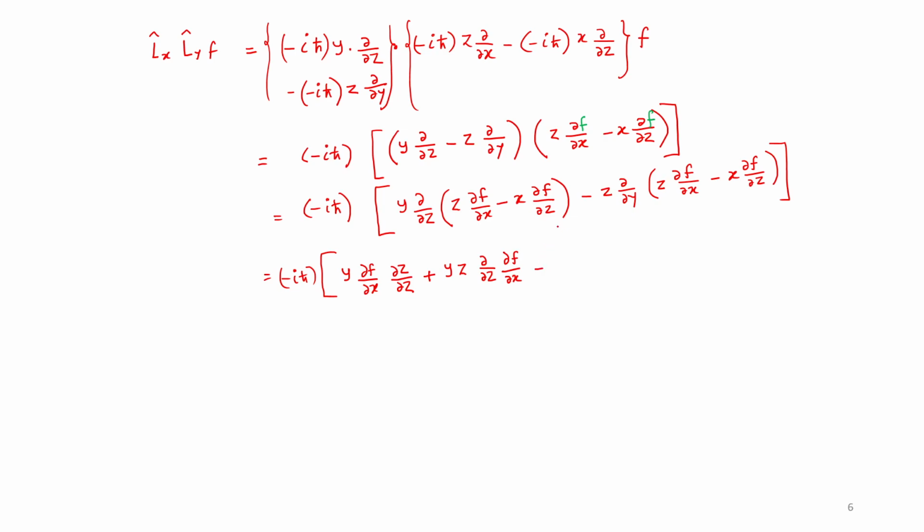Now second, there is x, so x is not a function of z, right? They are all orthogonal, right? So x will come outside, ∂/∂z on ∂f/∂z. Now next, similarly there is no function of y, so this is the whole term.